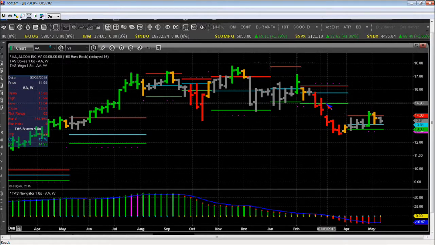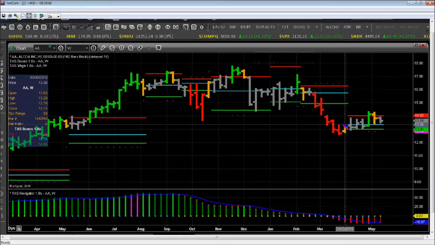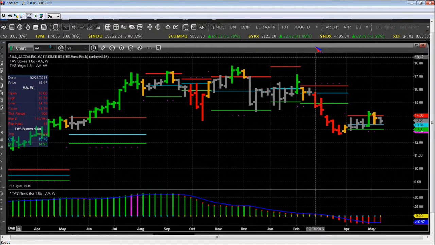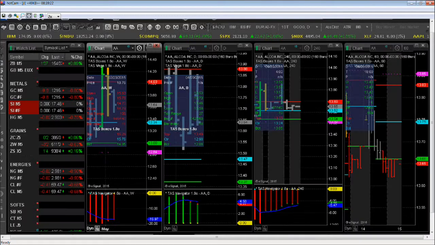Put your stops in, put your percentage gains as your targets, or let the profiles regulate this trade. I'm very okay with shorting relatively cheap stocks when the stocks are showing their hand, especially a bellwether like Alcoa. Here's the daily situation.